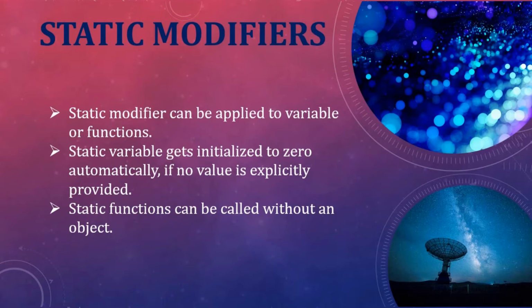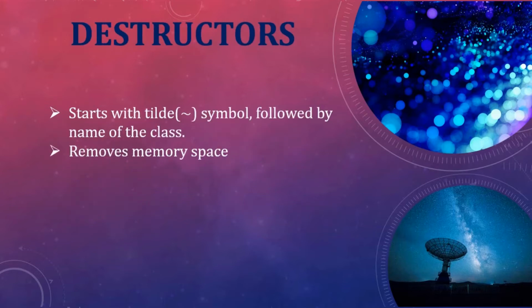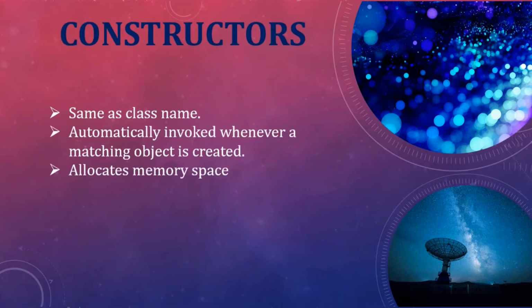Let's move on to constructor and destructor, right? A constructor is also a function whose name is the same as the class name. One more thing about both constructor and destructor is that they look like a function, but they don't have a return type, right?